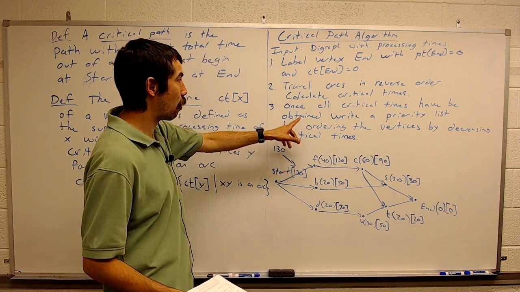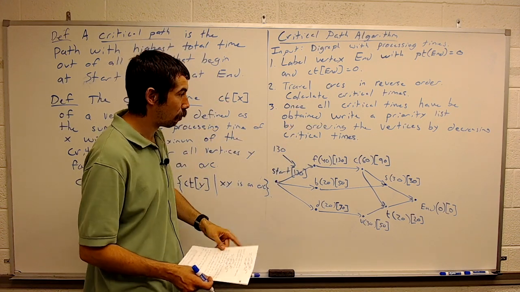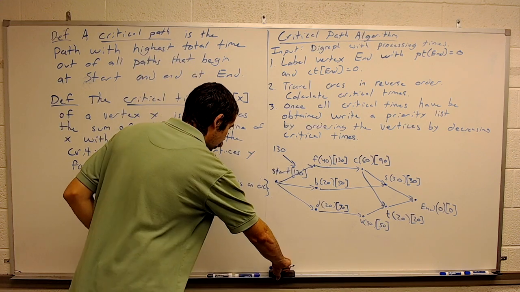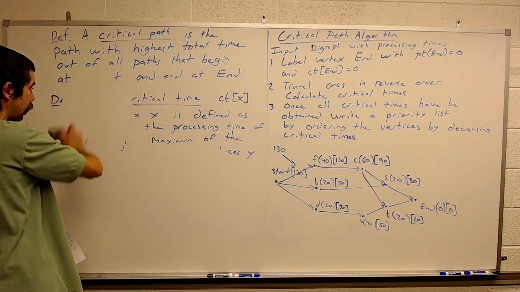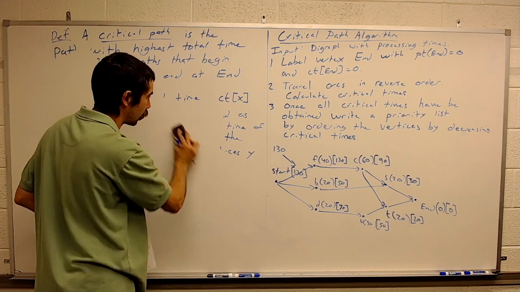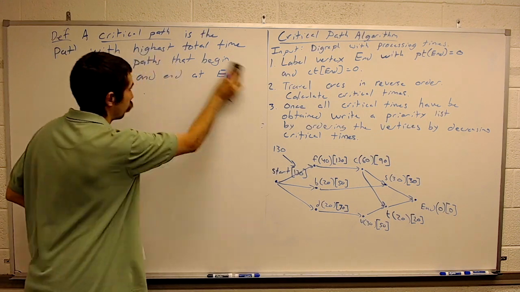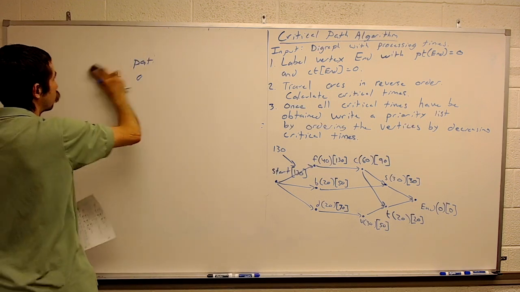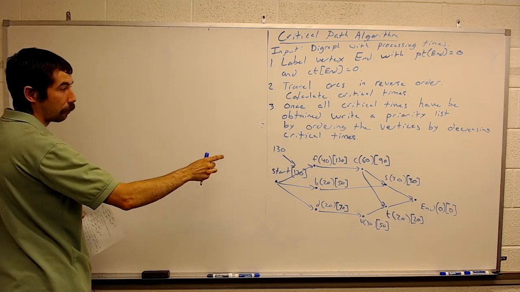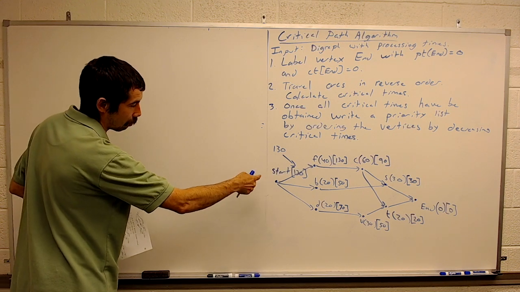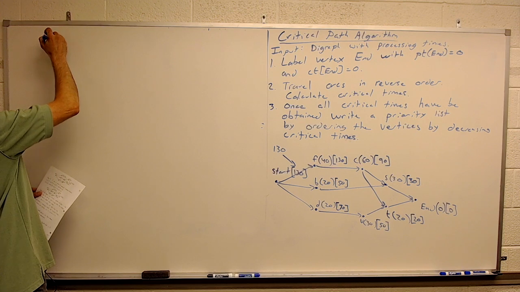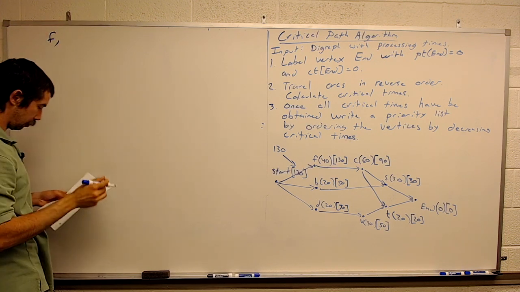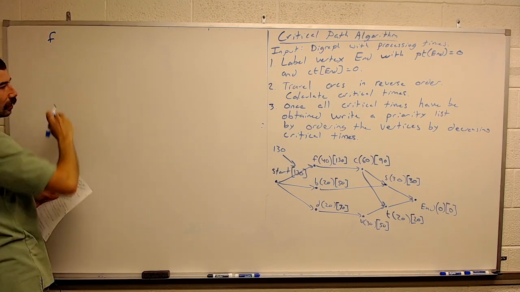Okay, what is our priority list? Our priority list is going to be, well, we write down our tasks in decreasing order by their critical times. All right, our priority list is going to be, well, start, but we don't really have to include that. F. We don't really need commas either.